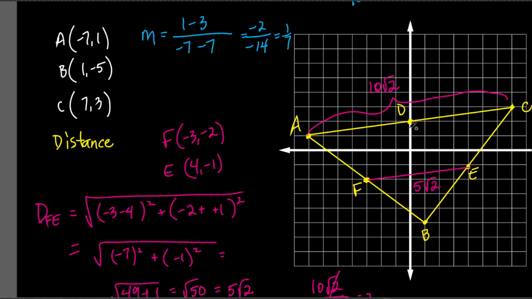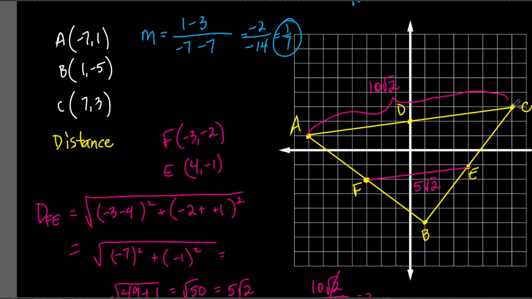If you look at it, it should make sense. Because look, let's go from A to D. How much do I rise to go from A to D? Rise 1, and I run how much? 1, 2, 3, 4, 5, 6, 7. Sure enough, that is the slope, isn't it? We saw it mathematically, and we see it graphically, right? It's rise 1, run 7. Okay, or it's rise 2 and run how much? 14.